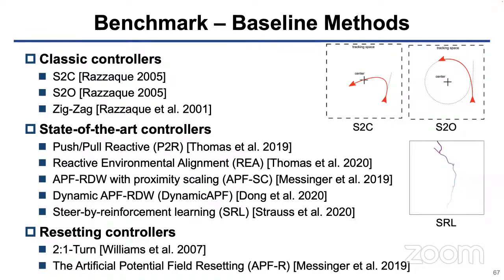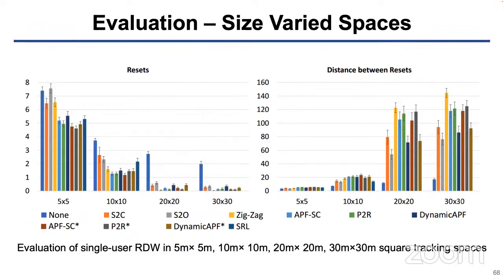We implemented classic controllers, the sorter controllers, and the resetting controllers, with both rule-based and learning-based methods. And we support very detailed evaluation of redirected walking using different configurations, for example different sizes, areas, methods, and walking paths.